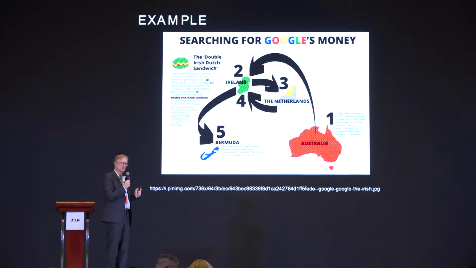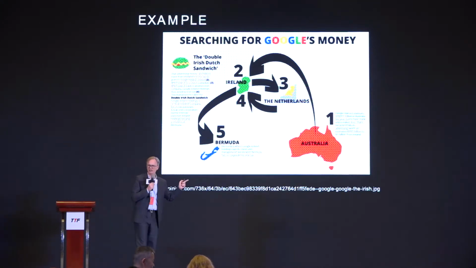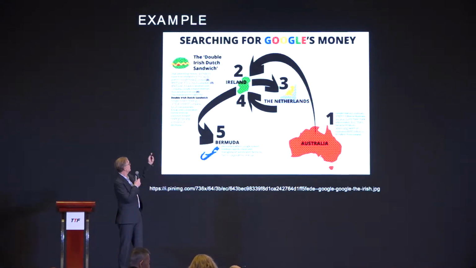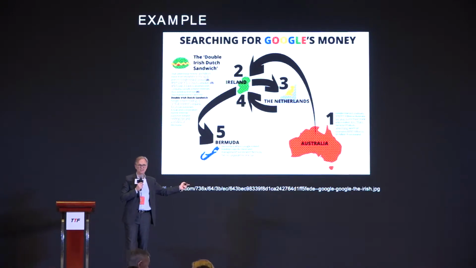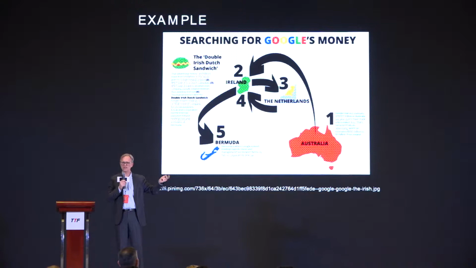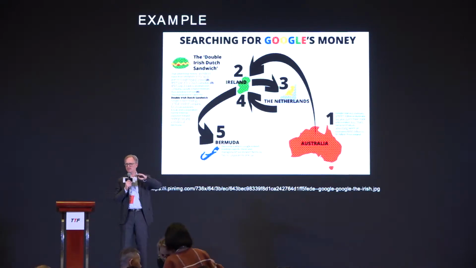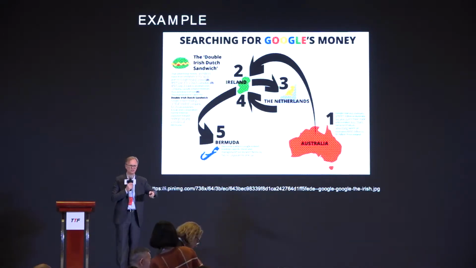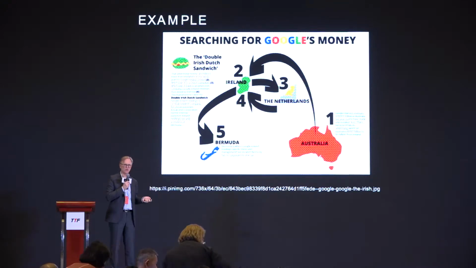Well, this is an illustration that if Google made money in Australia, they would send the money to Ireland, then the money would go to the Netherlands, then it would go back to Ireland, and it would finally finish in Bermuda. And in Bermuda is where it would be taxed at essentially a rate of 0. Okay, for money that it earned in Australia. And so the question was, should it be a standard base across different sorts of countries to deal with these sorts of things? And again, this is just one example.